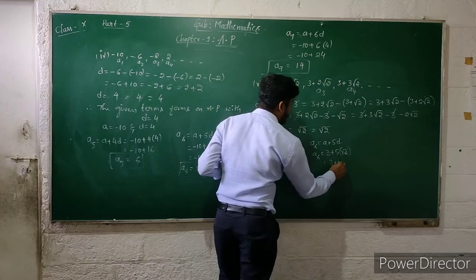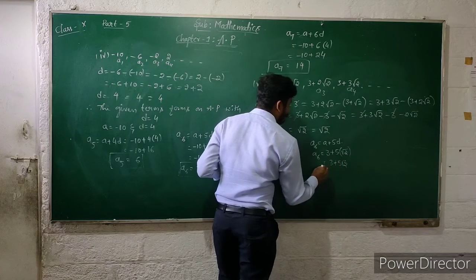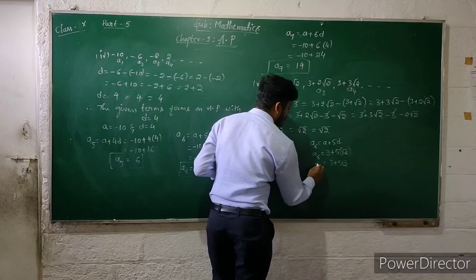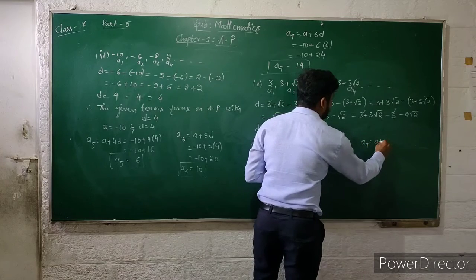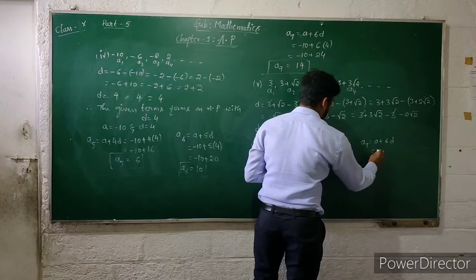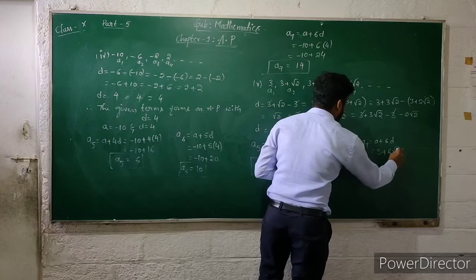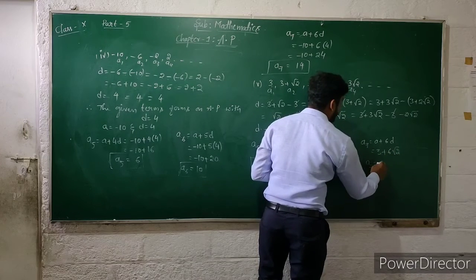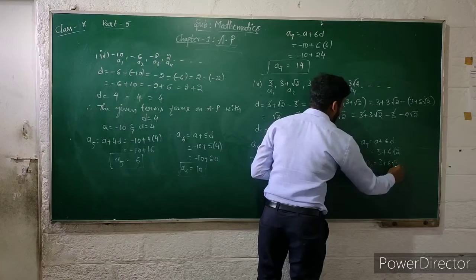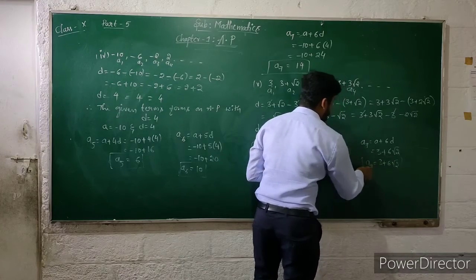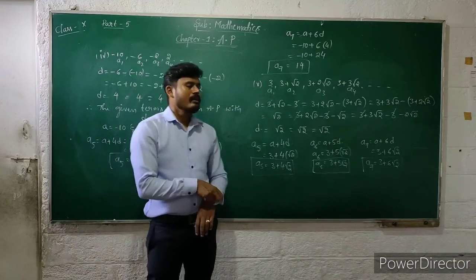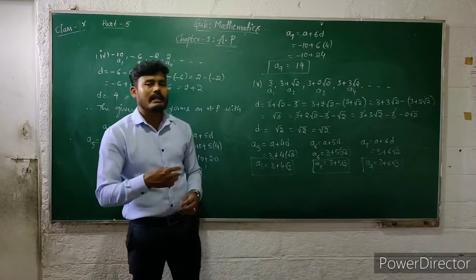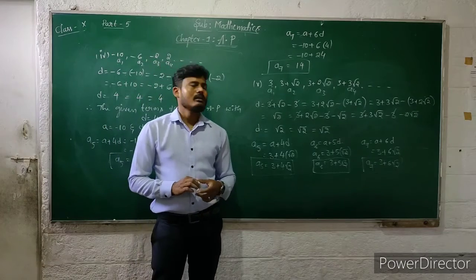This is equal to 3 plus 5 root 2. This is A6. Then find out A7. Seventh term is A plus 6D. This is equal to 3 plus 6 of root 2. Then A7 is equal to 3 plus 6 root 2. So these are the remaining 3 terms, or next 3 consecutive terms, of the given AP.